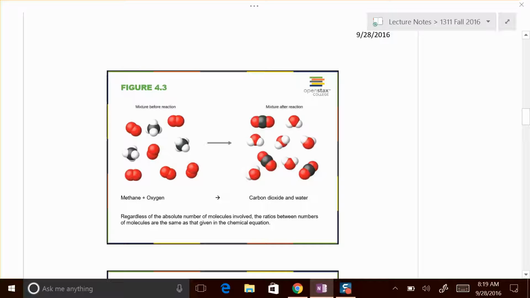It's the same ratio, just in ginormous amounts. So I'm not actually going to take 3 and 6. I'm going to take 6.022 times 10 to the 23rd and 6.022 times 10 to the 23rd times 2. So I'm going to take large amounts.